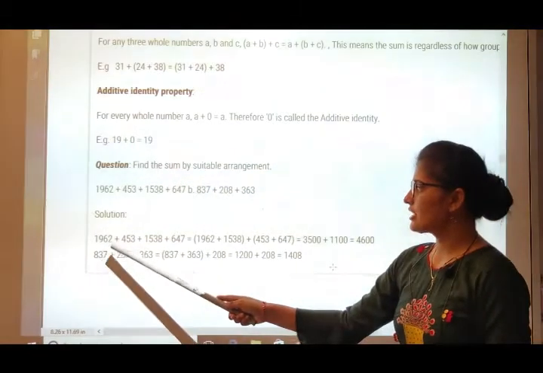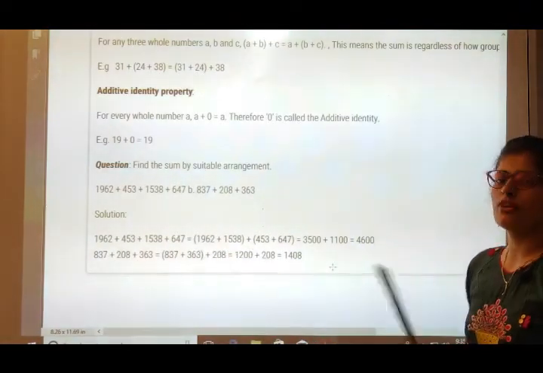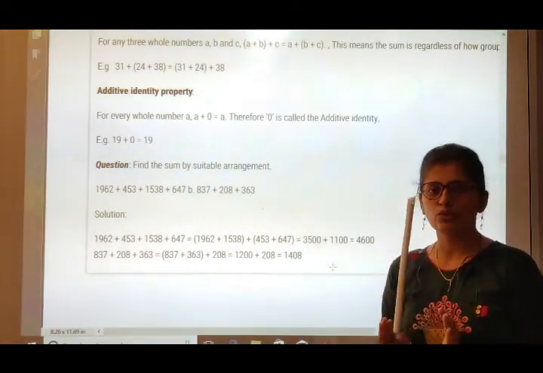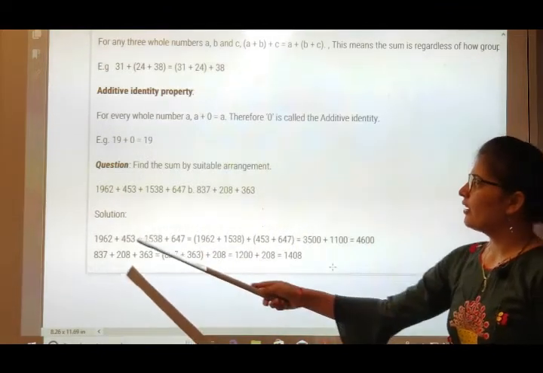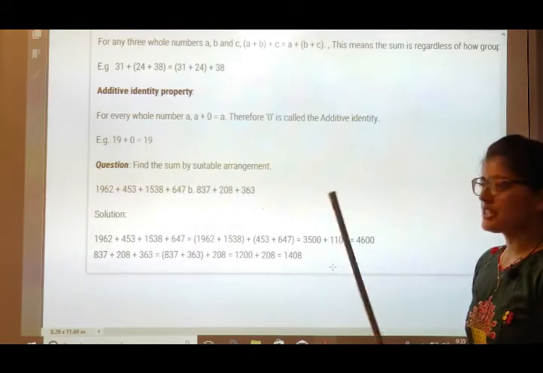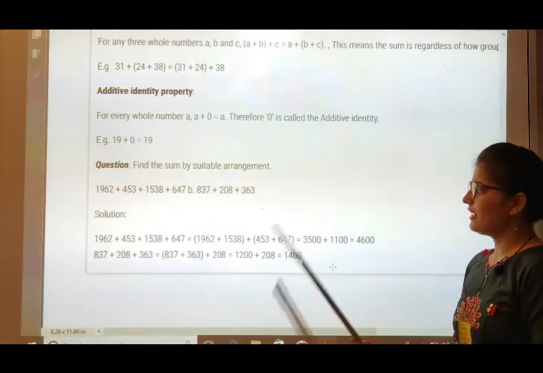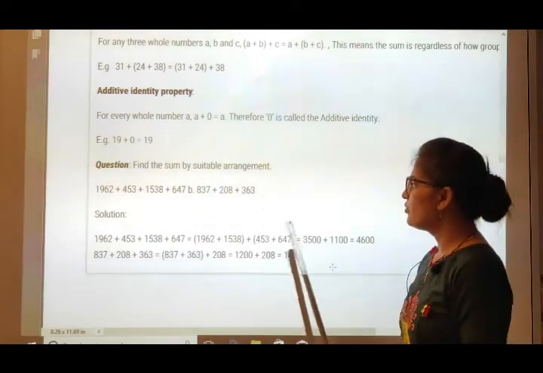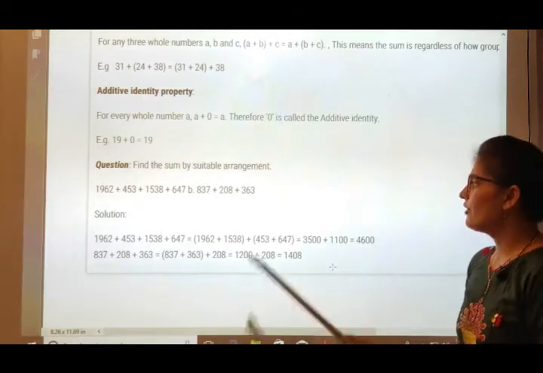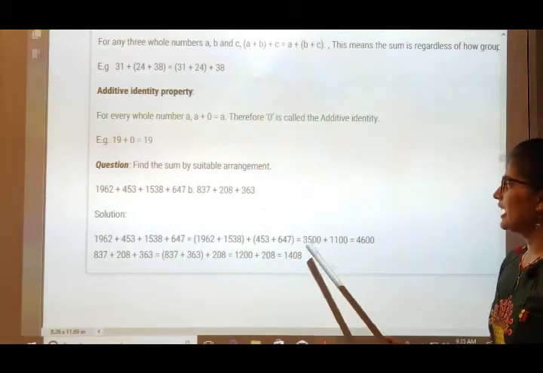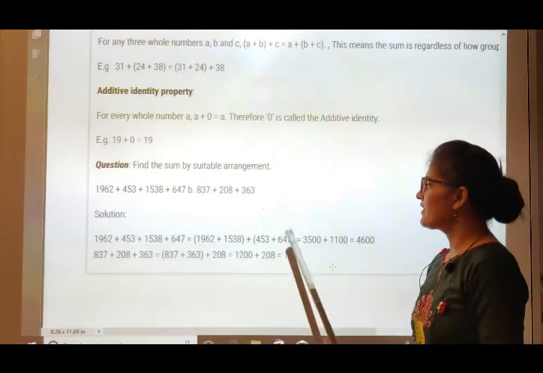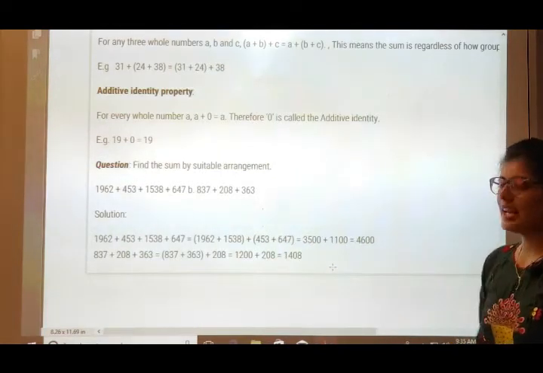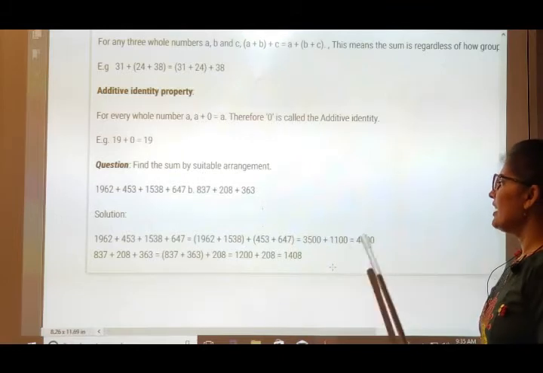So here the solution is that first we will group two numbers. Here you can see where we have to put the brackets: taking the first two numbers in one bracket, then a plus sign, then taking the other two numbers in another bracket. Now we will add these two numbers and get 3500 as the answer, plus now these two numbers we are adding and getting the answer 1100.